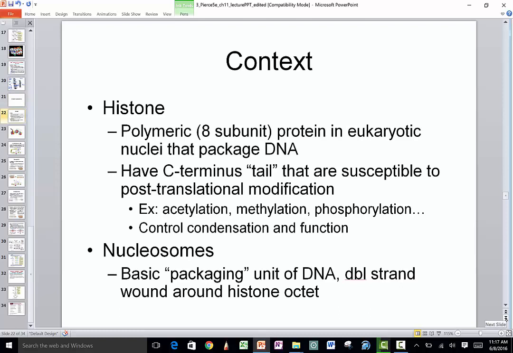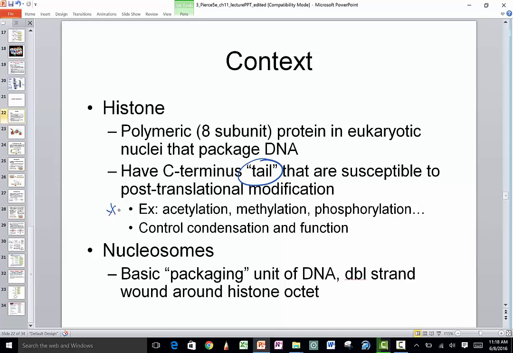So first of all, this is just reviewing what the structure of a nucleosome is. You've got histones, and you've got these tails that are sticking out that are available for different kinds of modifications.